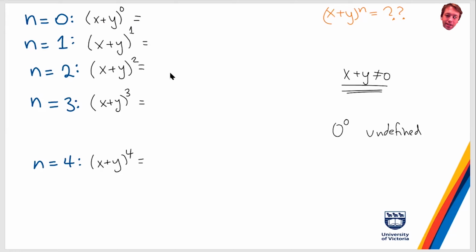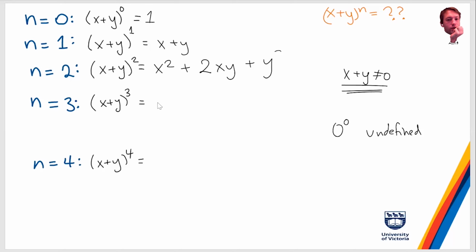So it wouldn't make sense for me to write x plus y to the 0 if x plus y could be 0. But if x plus y is any nonzero number raised to the 0, we all know that that's 1. X plus y to the 1 is just x plus y. X plus y squared is x squared plus 2xy plus y squared.